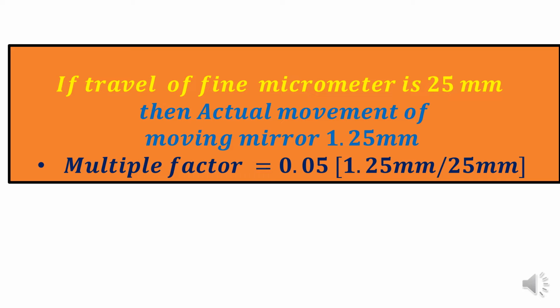So we can calculate this multiplying factor: 1.25 mm divided by 25 mm. This is a very important factor that will be used for the measurements. In the manual, they have also given the value of the least count directly by multiplying with the factor.